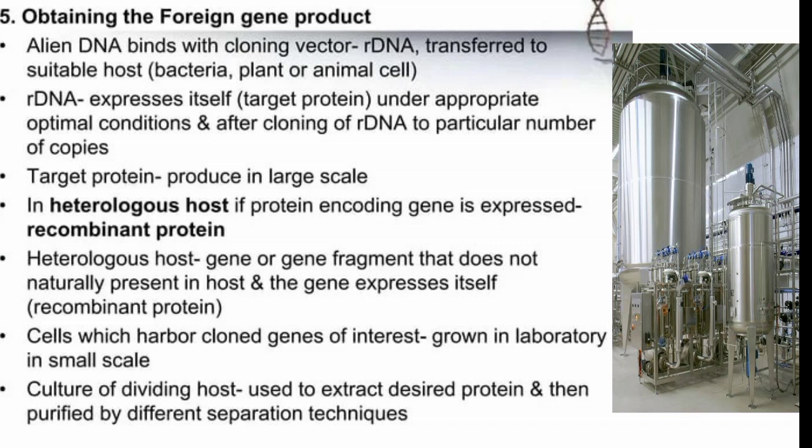If the protein encoding gene is expressed, we get recombinant protein. A heterologous host is one where the gene or gene fragment is not naturally present and the gene expresses itself. So the gene of interest should not be naturally present.